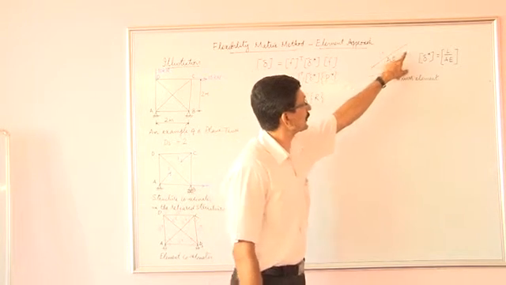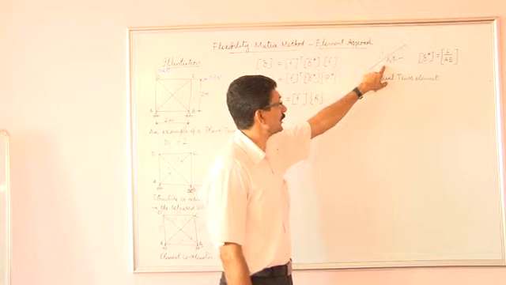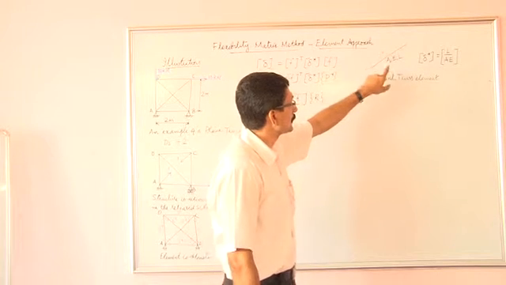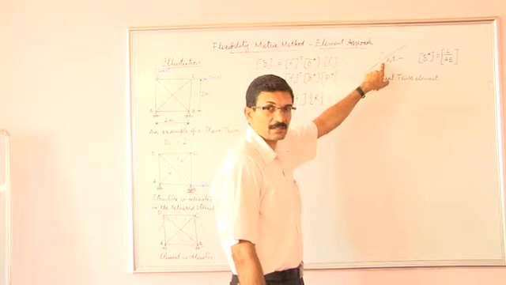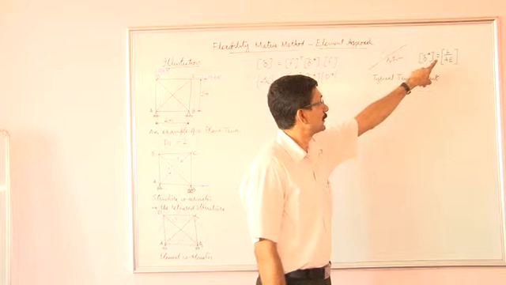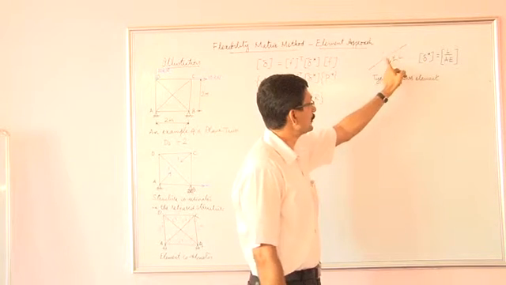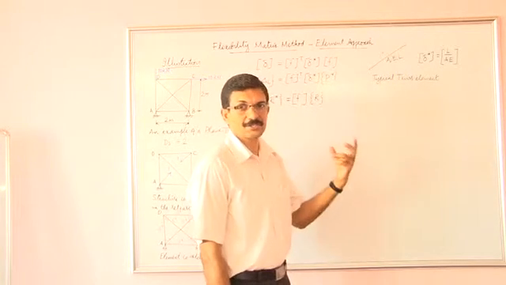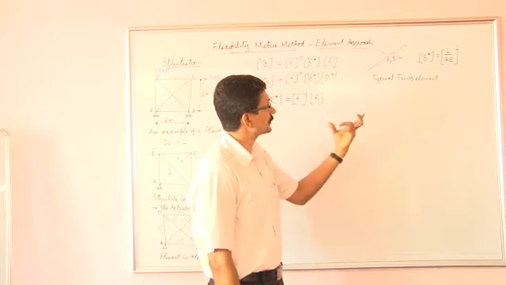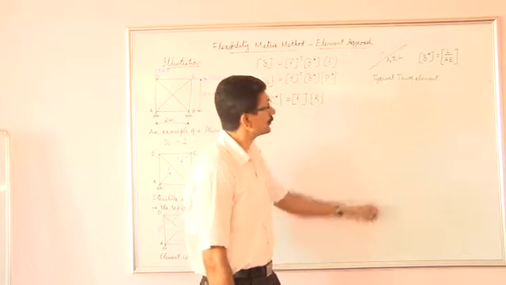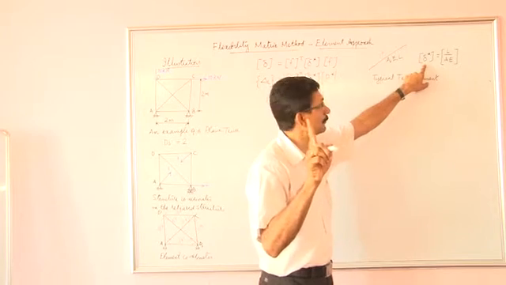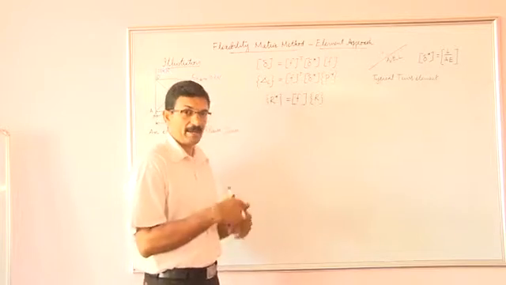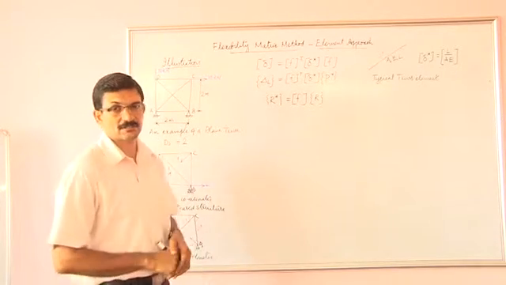A truss member has properties: area of cross section A, Young's modulus E and length L. The elongation in this member is given by Hooke's law as force into length divided by A into E. When the force is equal to 1, the elongation is the flexibility coefficient of the member. So delta star will contain only one term, that is L by AE. Having this in mind, we can come back to the analysis of this structure.